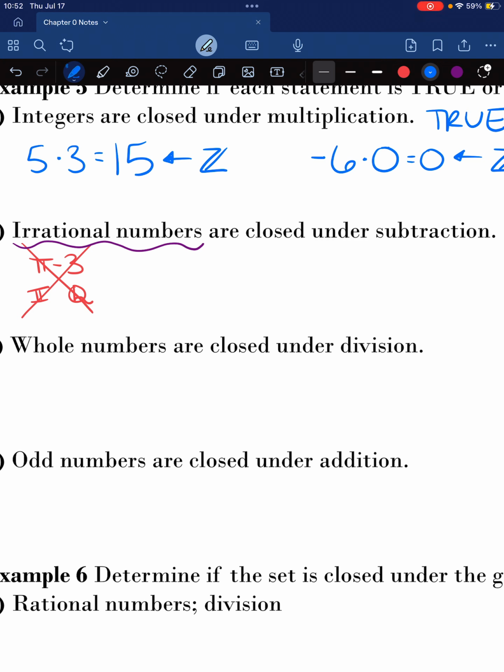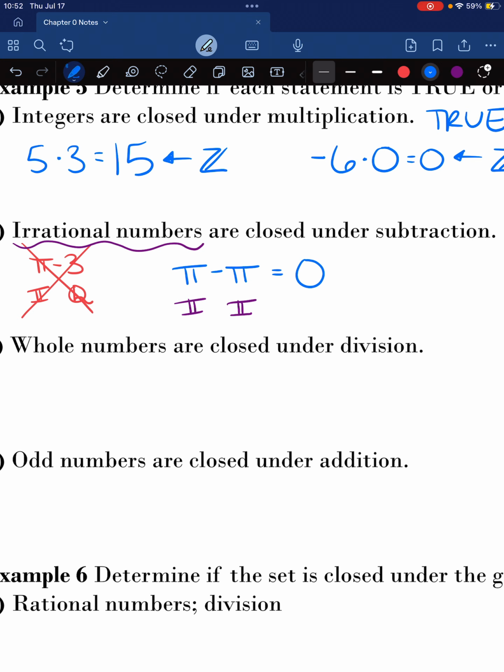Okay, but tricky enough, I can do pi minus pi. So this is an irrational number. This is an irrational number. And remember, my question is, when I subtract those, is the answer still an irrational number?